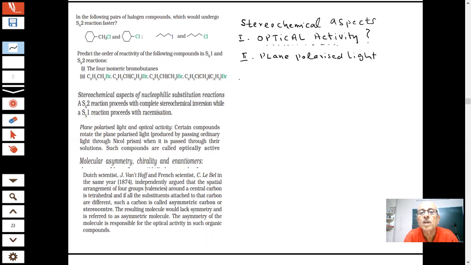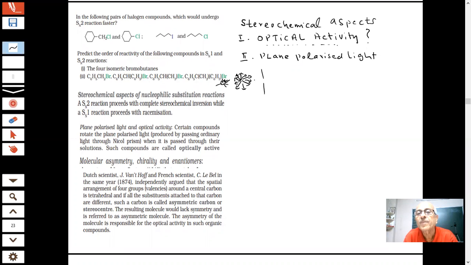Supposing here is my ordinary light, a source of light. It emits light in this form. Here you can see there are vibrations in all the directions. When I pass it through a Nicol prism, what happens?